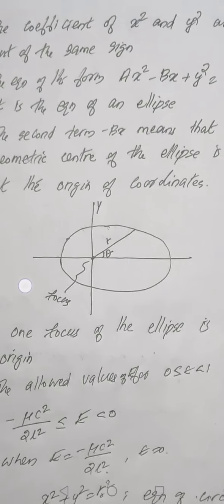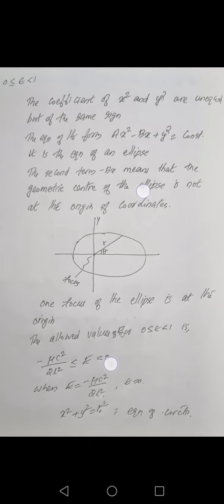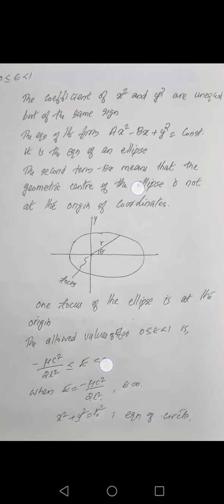That is why there is the minus bx term. Normally one focus of the ellipse is at the origin.